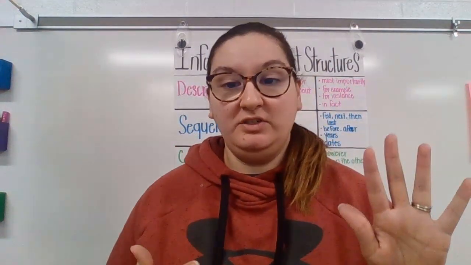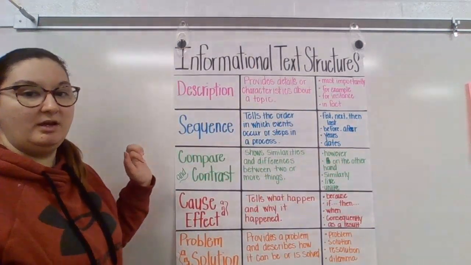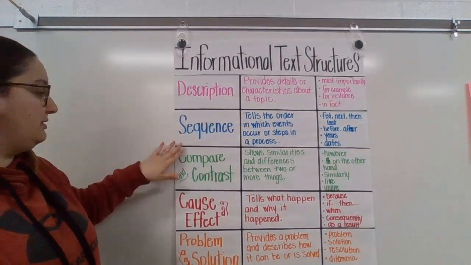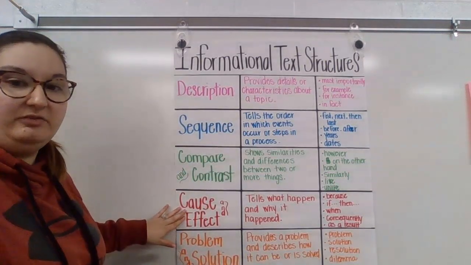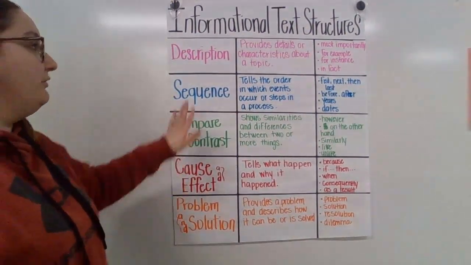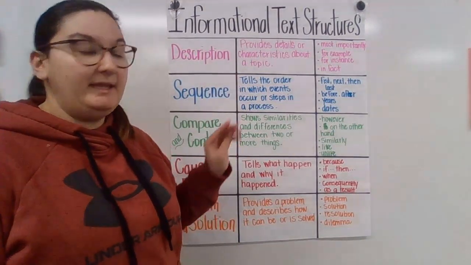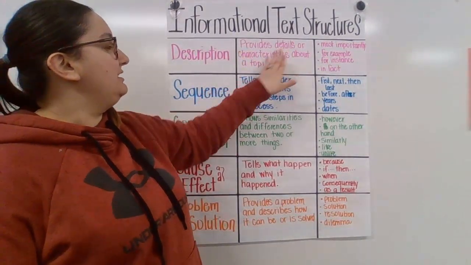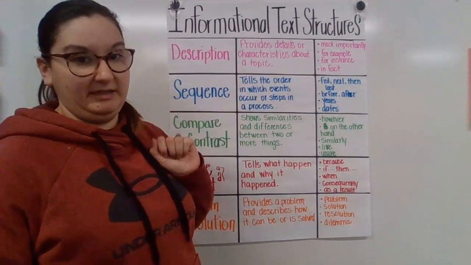So we went over 5 different text structures. We went over description, sequence, compare and contrast, cause and effect, and problem and solution. So remember, a description is going to provide details and characteristics about a topic.